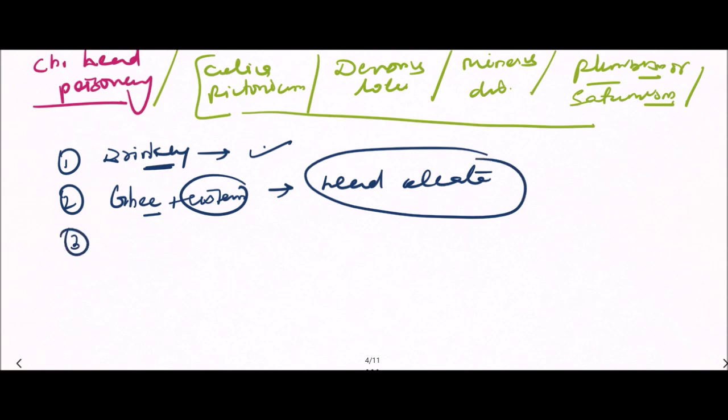Now, lead is also present in hair dyes and cosmetics, so chances of exposure are there.